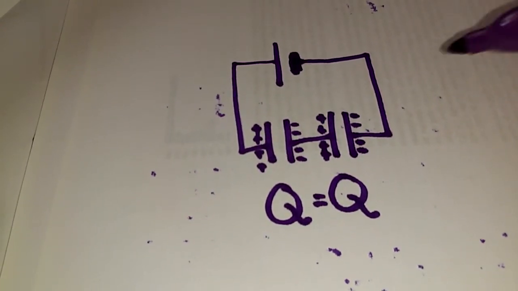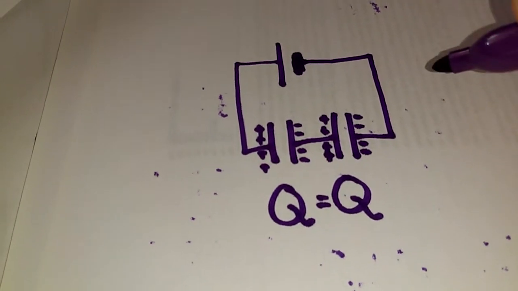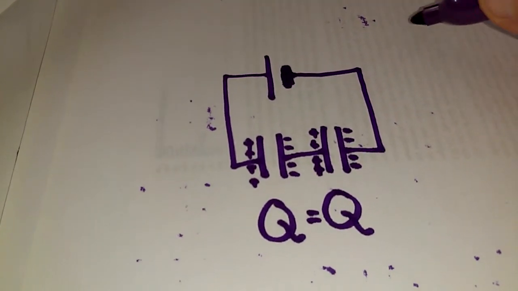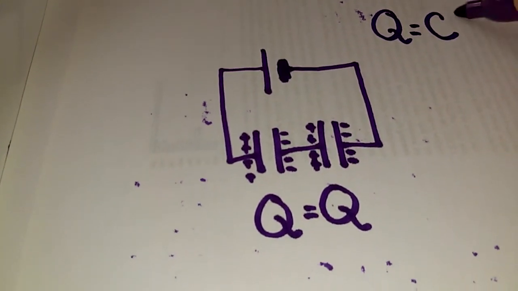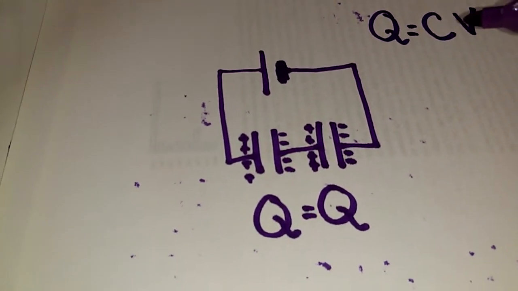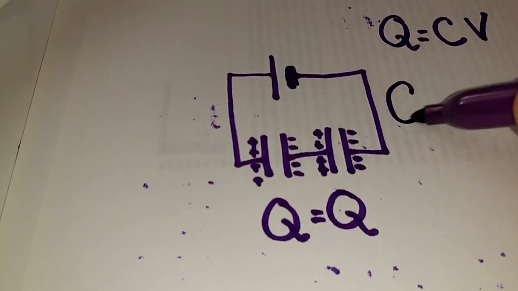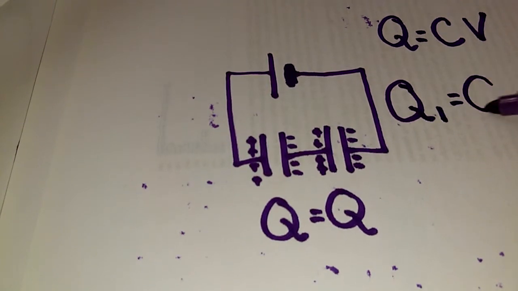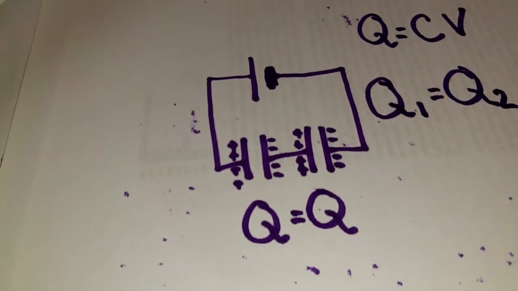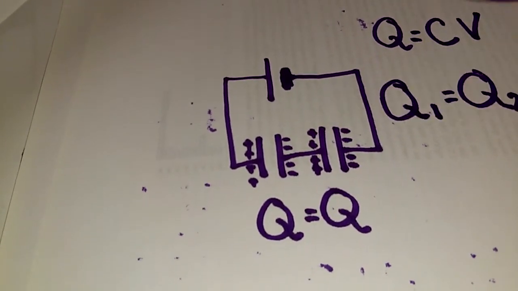The potential difference is going to be different, but the charge is going to be the same. We've still got our equation, Q is equal to CV. So we know that the charge stored on 1 would be equal to the charge stored on 2. There's got to be the same charge.